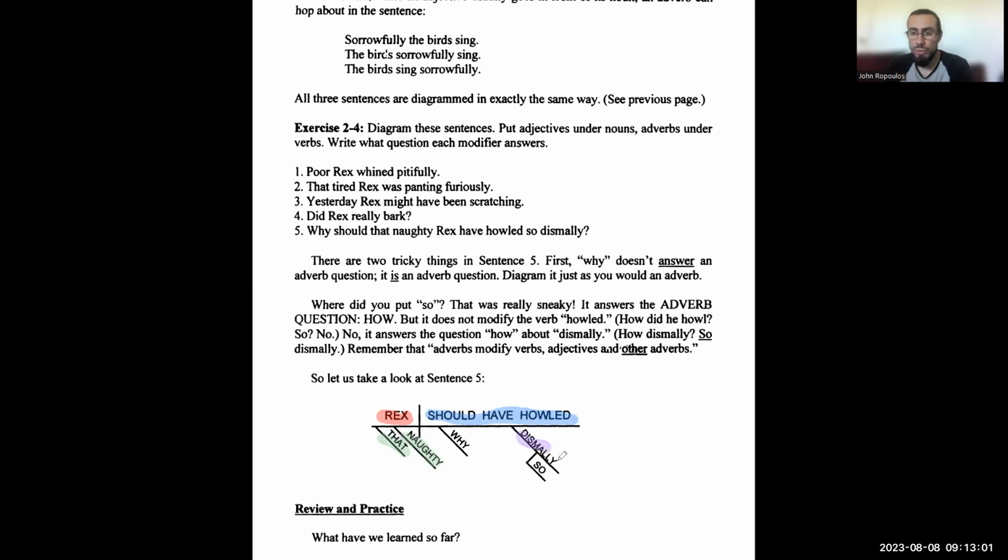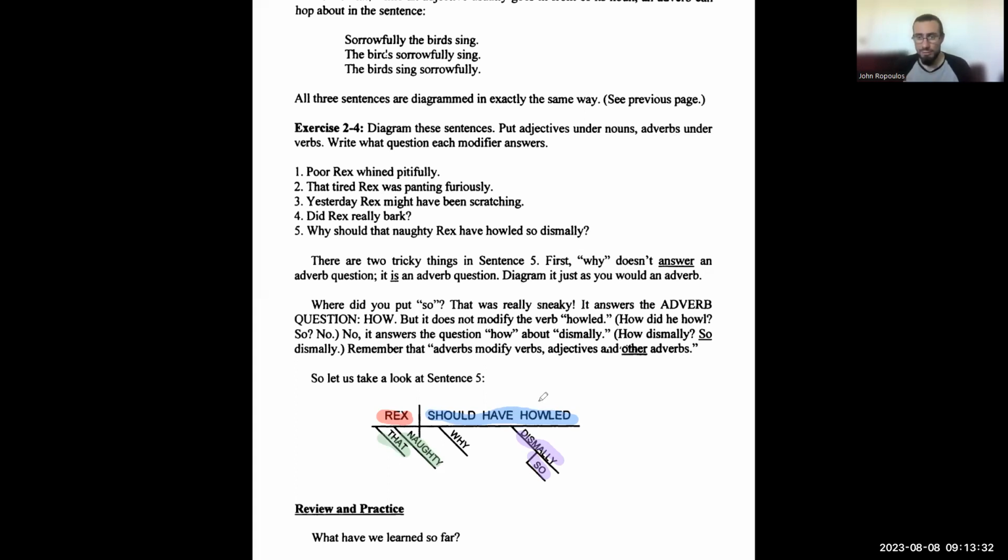Okay, so dismally. So is modifying dismally. We said that adverbs modify 3 things. What are they? Adjectives, adverbs, and verbs. So is modifying an adverb, which makes it another adverb. So you have to put it under dismally, like that, under the other adverb. So you make a little hook thing. But then we have why. What is why?